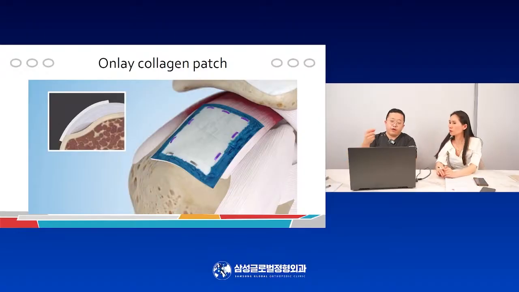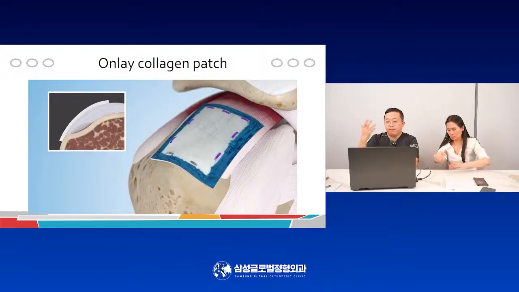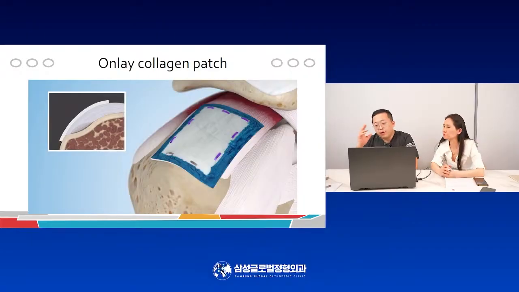That means after we repair it, because we retract the tendon to the normal side, it could bring a much more narrowed state. So to prevent the retear, we can think about the collagen patch like that. That is a good option for firm fixation. Okay, it can reduce the retear rate.